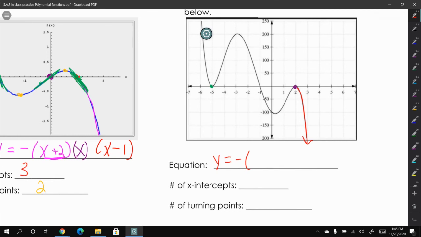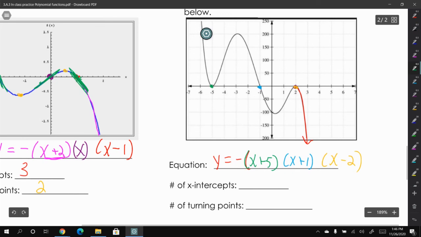And before I go and deal with the exponents or the multiplicity, I'm just going to write out the zeros first, or the intercepts. So this one is x plus 5. Here will be x plus 1. And here will be x minus 2.